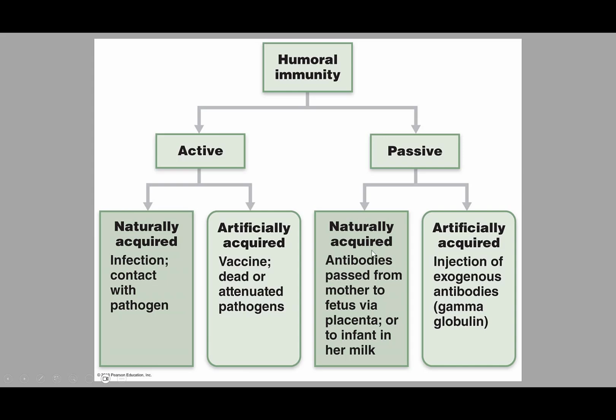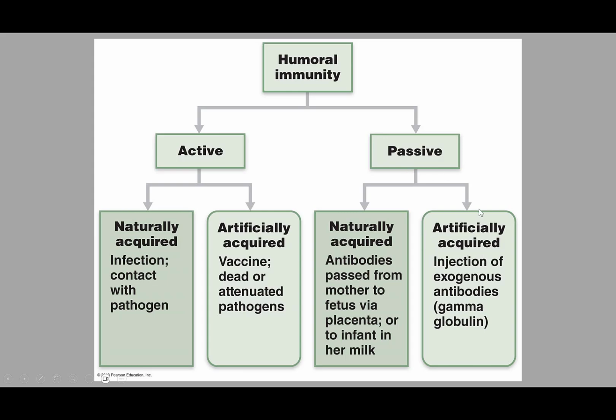Again, naturally acquired, because both of those processes are natural. Passive because it was mom that made the antibodies, and those have been put into baby. So baby is benefiting from them, but baby did not make them.